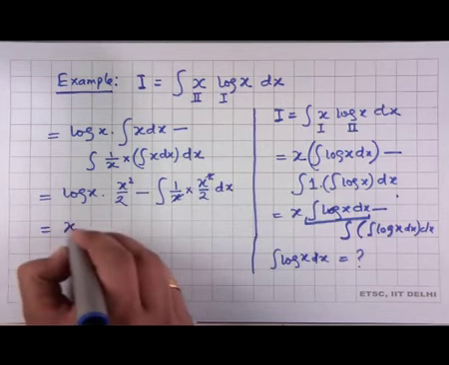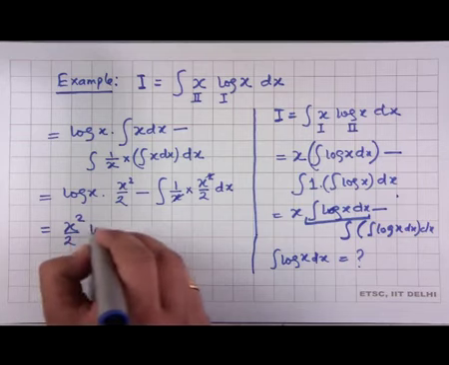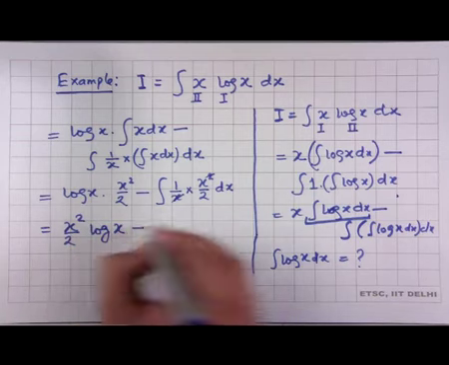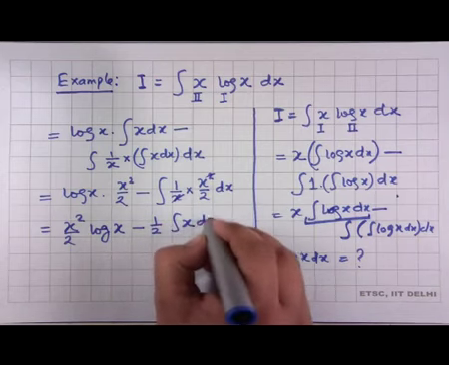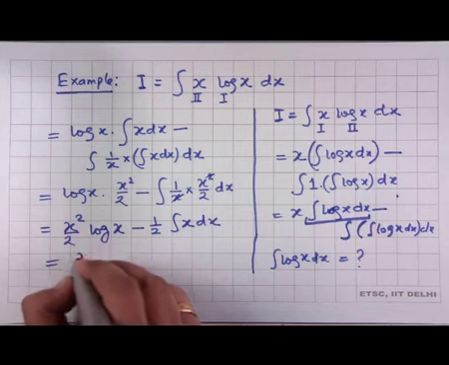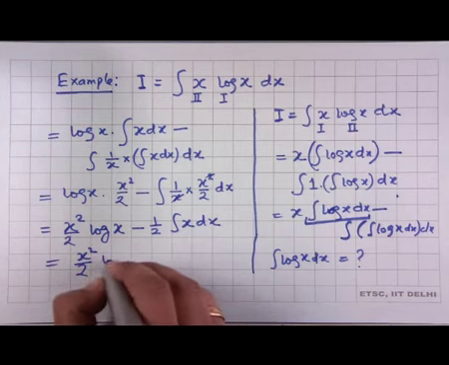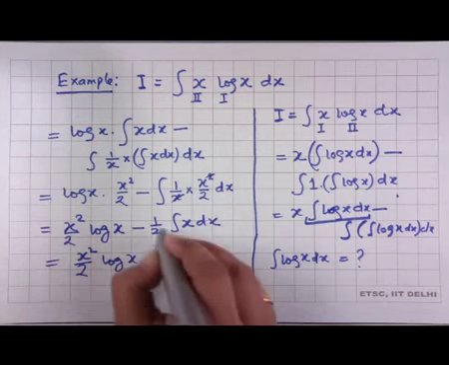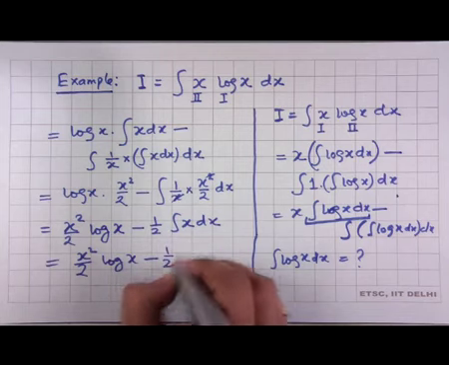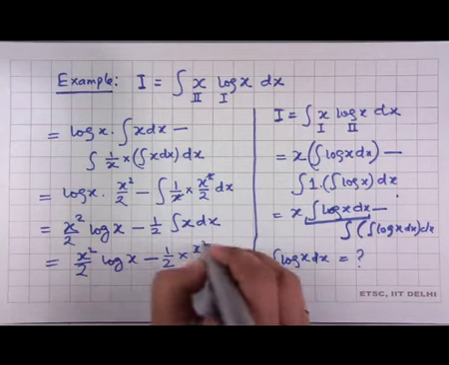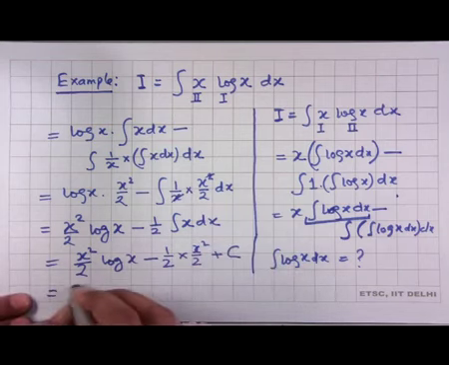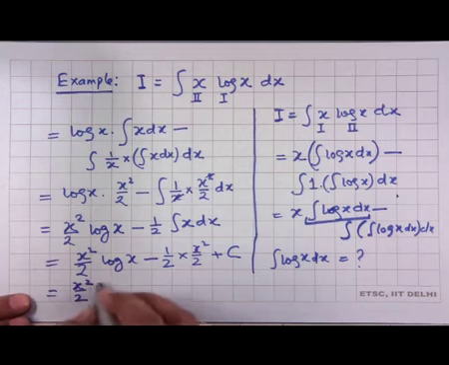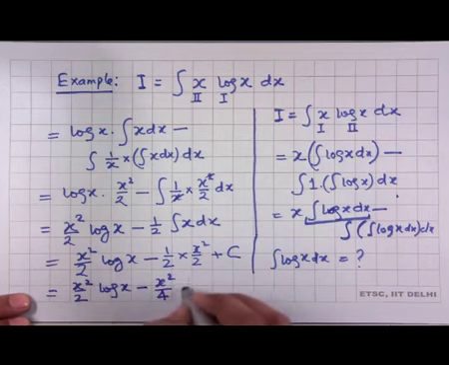So, we should get x squared by 2 log x minus 1 by 2 integration of x dx, and this I know. So, x square by 2 log x minus 1/2 of x square by 2 plus the constant of integration which is coming throughout. So, this will give me x square by 2 log x minus x square by 4 and then plus constant of integration.